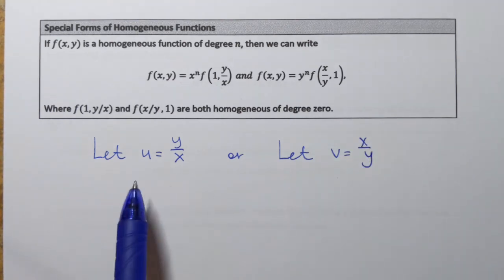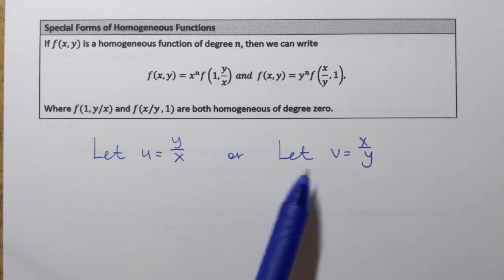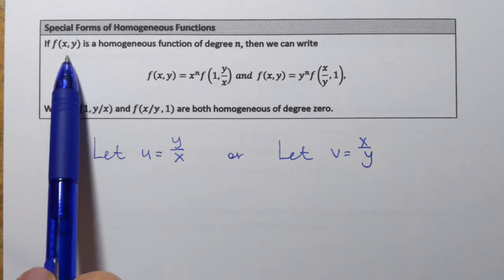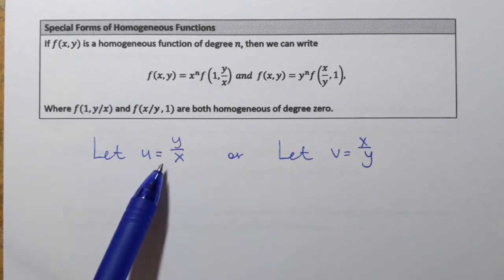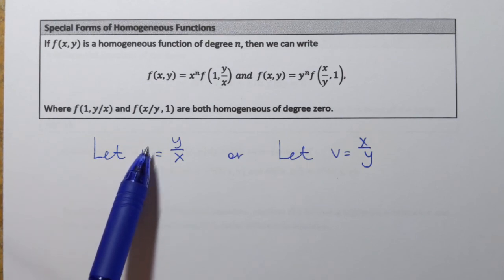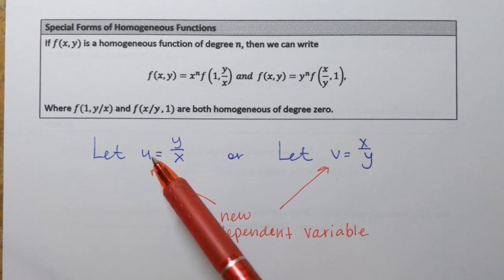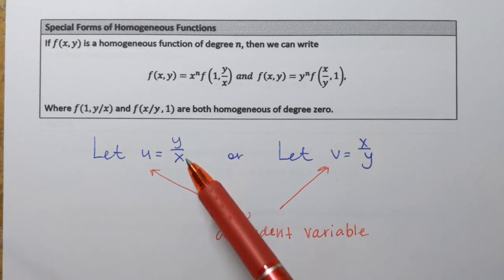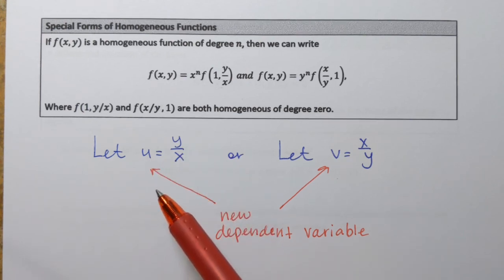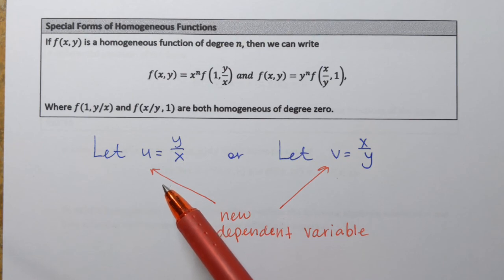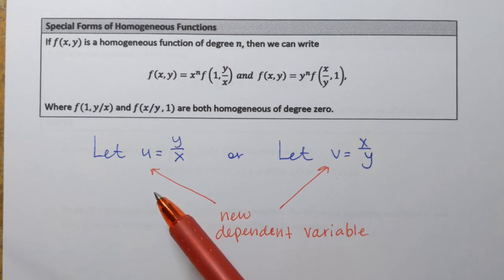And what it does, it creates a new dependent variable, because remember, variables x and y are independent for this function, but this becomes a new dependent variable. And it's a dependent variable, well, because it depends on two independent variables, x and y. And that's basically the substitution that you're going to see when you start solving homogeneous first-order differential equations.